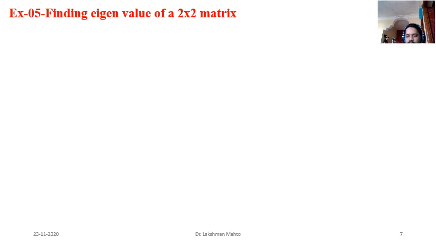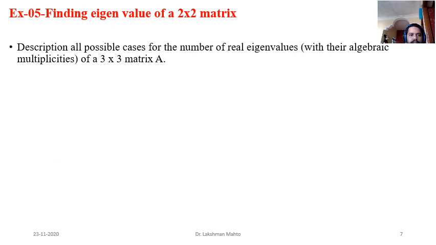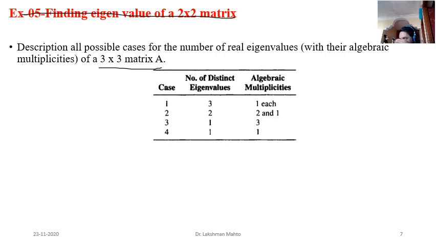Okay, so another scenario I consider here is that we are taking a 3 by 3 matrix, and we will discuss all possible scenarios, what are the possible sets of eigenvalues a general 3 by 3 matrix may have. So that scenario I have written here.